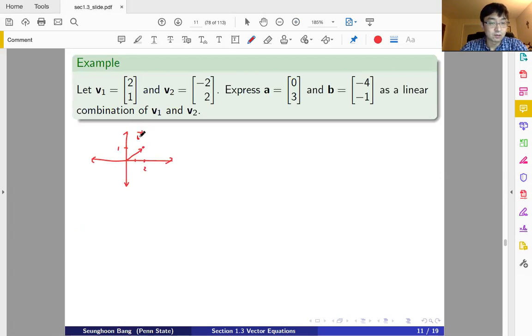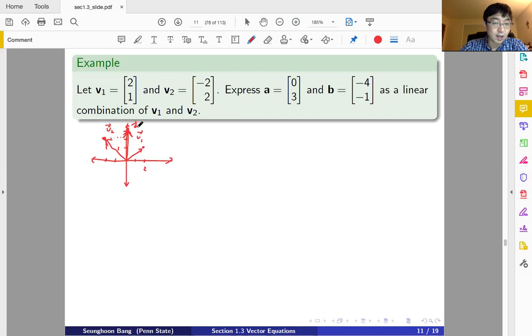What about v2? It is (-2, 2), so we have it here. This is vector v2. What about vector A? A is (0, 3), here. This one, vector A.